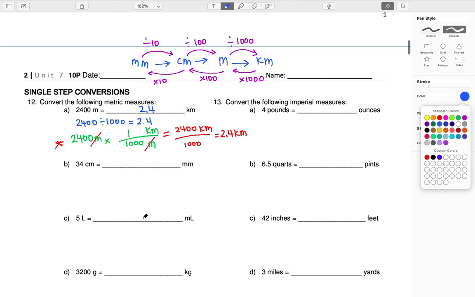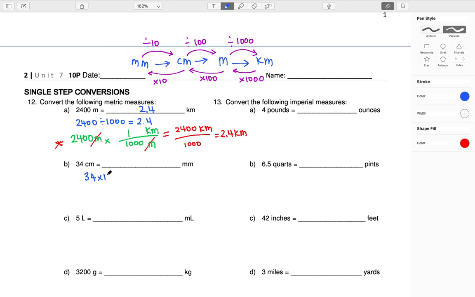Okay, let's try the next one. So we have centimeter to millimeter. The simple way to do it is, we are going from centimeter to millimeter, so we've got to multiply that by 10. So 34 times 10, which is 340.